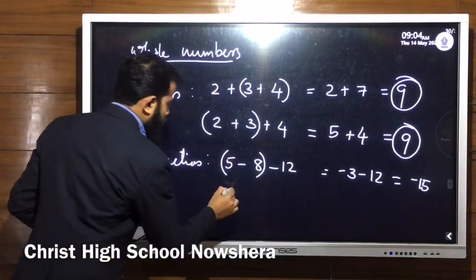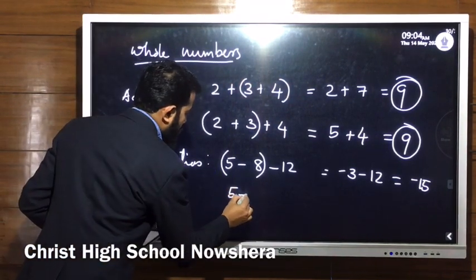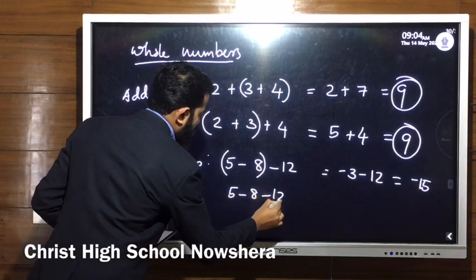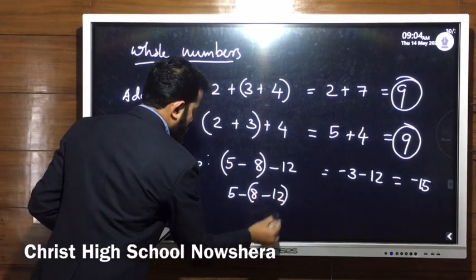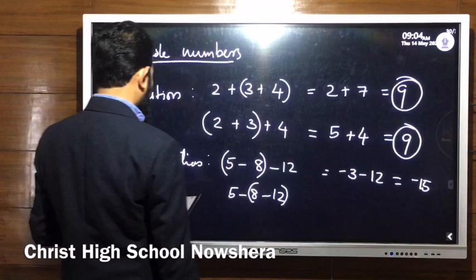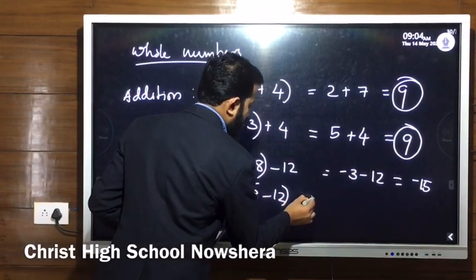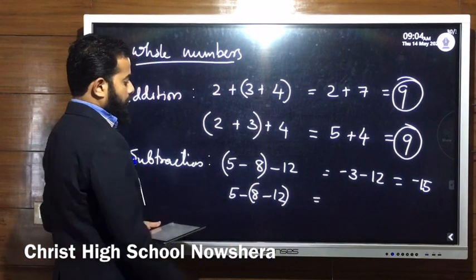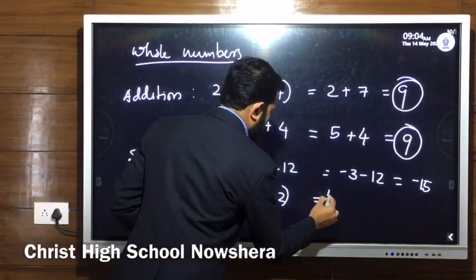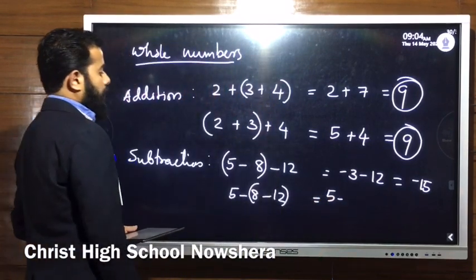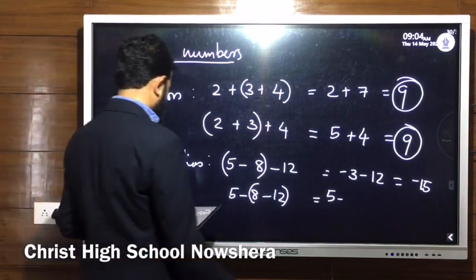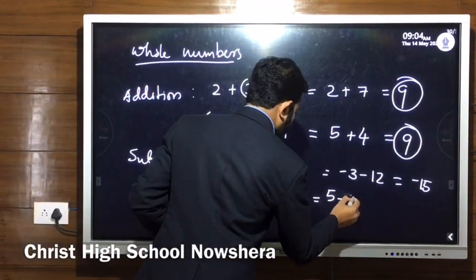Again the same numbers, 5 minus 8 minus 12, but now 8 minus 12 is inside the group. 8 minus 12 equals minus 4.